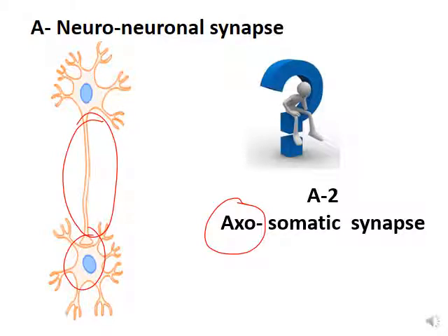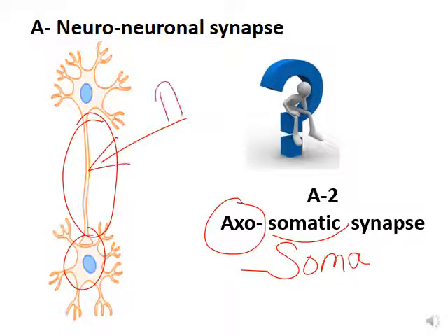So this is the second type. The first one was axodendritic between the axon and the dendrites. The second one is called axosomatic between the axon and the soma, as shown here. This is the axon, and here we have the soma, or the cell body.